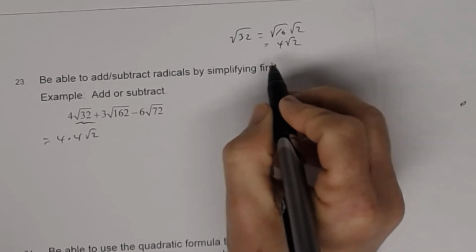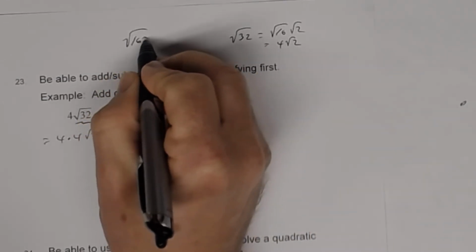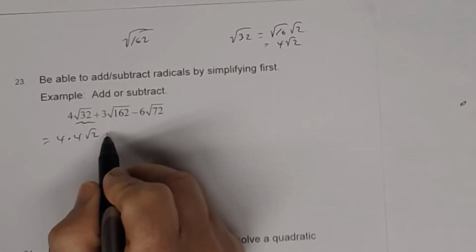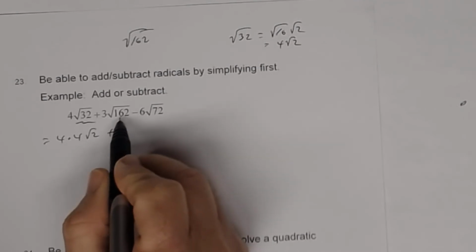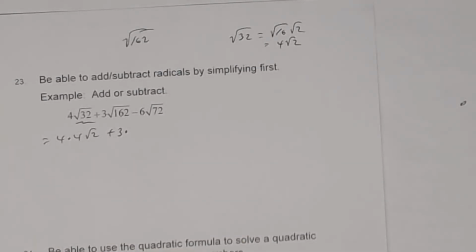Now let's look at the square root of 162. All right, so we get plus 3 times. For 162, you've got to be looking at some perfect squares. So remember your perfect squares. Let me go ahead and write it on here.